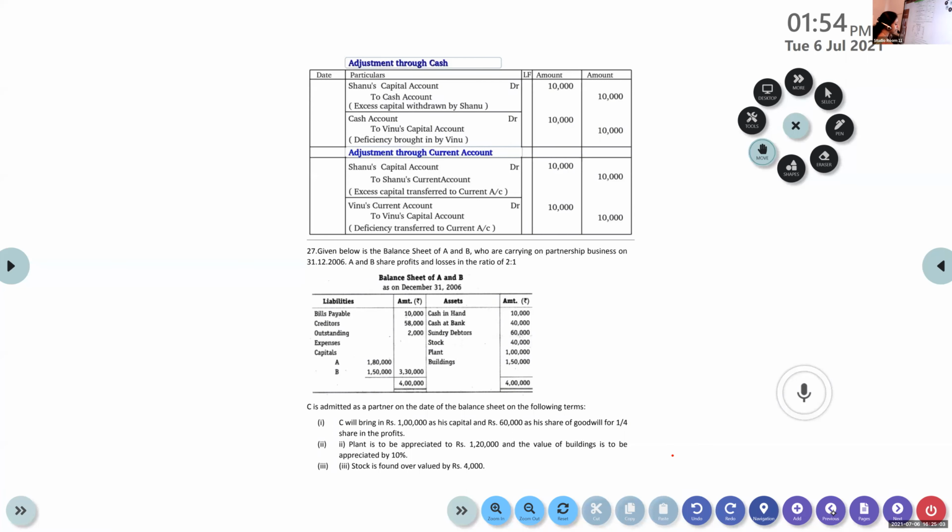Okay, then he is bringing 60,000 as goodwill. What should we do with that goodwill? Shubham, what should be done with the 60,000?